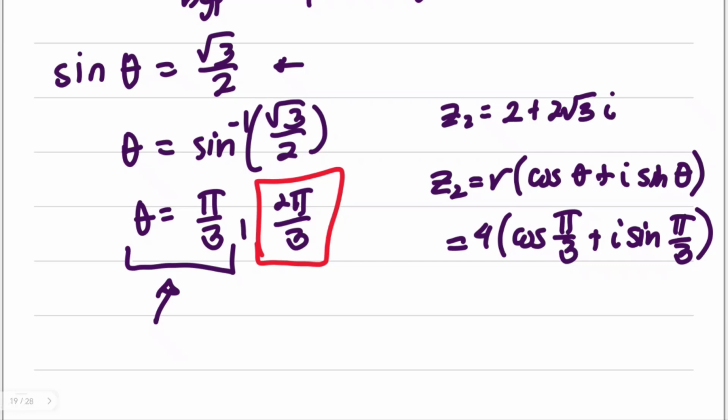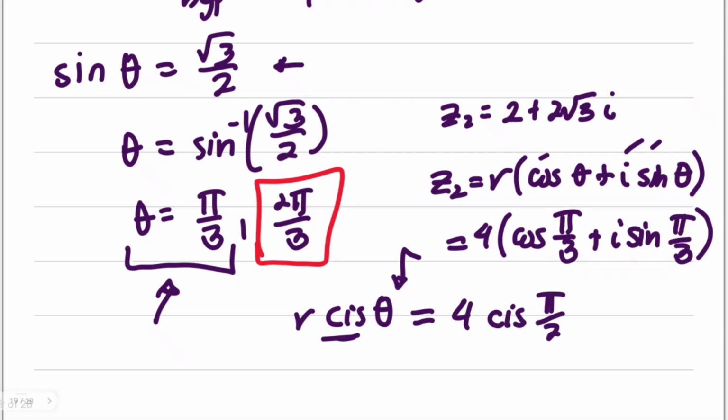This is now okay to be used for further investigations as we dig deeper into these topics, or you can rewrite this in another form. You have r cis theta, which corresponds to cosine plus i sine. That would mean this is 4 cis pi over 3. This will also be acceptable.